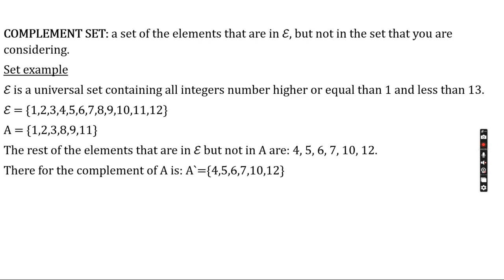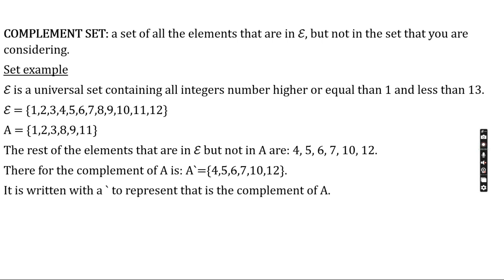Those elements that are not in A define the complement of A, and you use this symbol, like a little comma. It's written with that symbol to represent the complement of A. So the complement of a set are the values that are not in the set but are in the universal set.